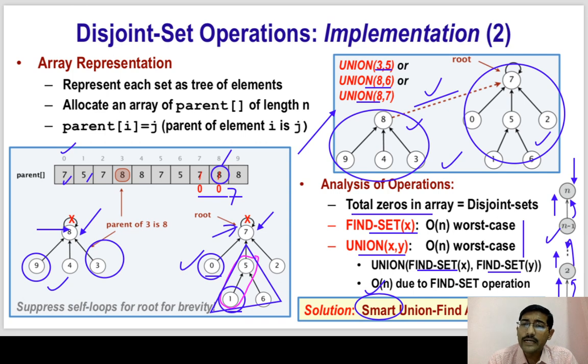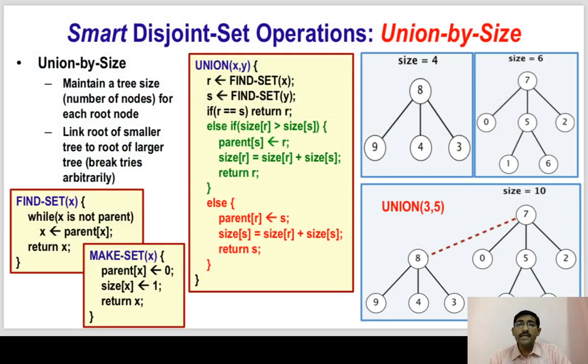Rather, we are naively forming connections between these two sets to form a union. Can we do it by looking into the size? This is what we call smart disjoint set operations, where we make the union by size. Let us see how we can do that.